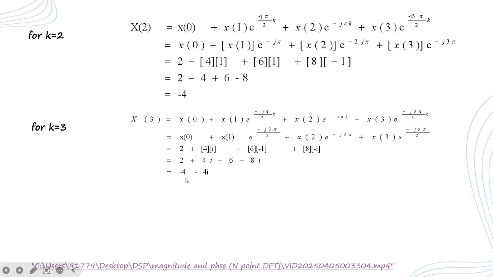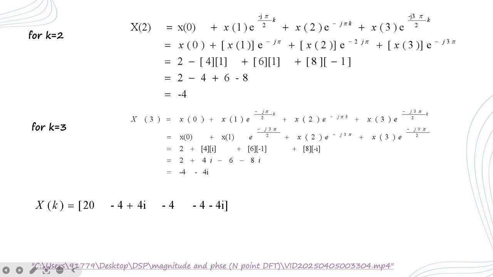Simplify this, you get it as minus 4 minus 4i. Okay, so we will get capital X of k is 20. Okay, then you have minus 4 plus 4i. Then this is capital X of 0, capital X of 1, capital X of 2, that is minus 4. Then capital X of 3, that is minus 4 minus 4i.